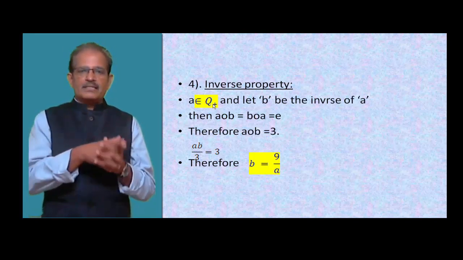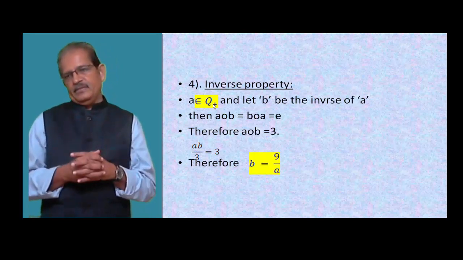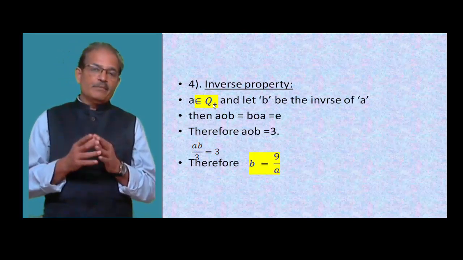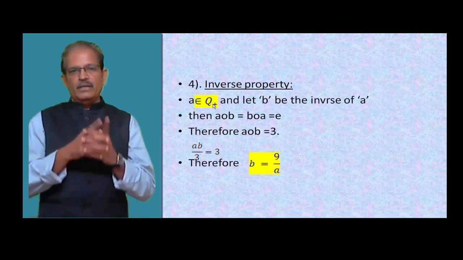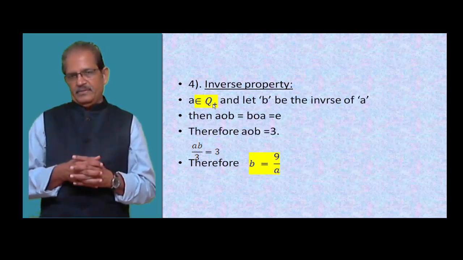So therefore, let us say AOB is equal to 3. By the definition of the binary operation O, AOB is nothing but AB by 3. So AB by 3 is equal to 3.